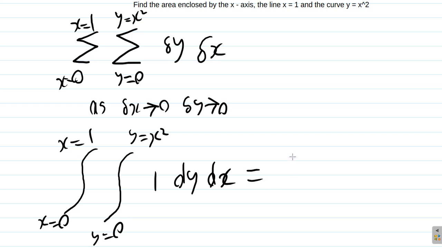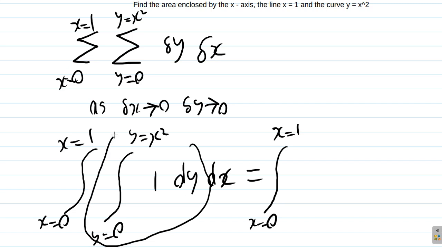So let's see how this will work out. We integrate from x equals 0 to x equals 1. Now what is it we're integrating? It's this part in the middle here. We're integrating that part.